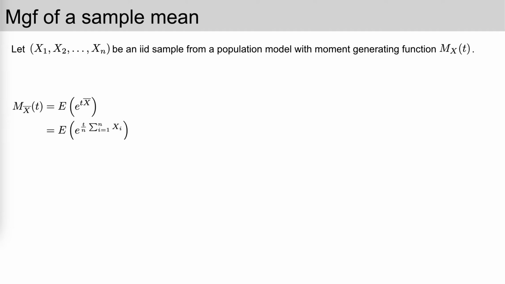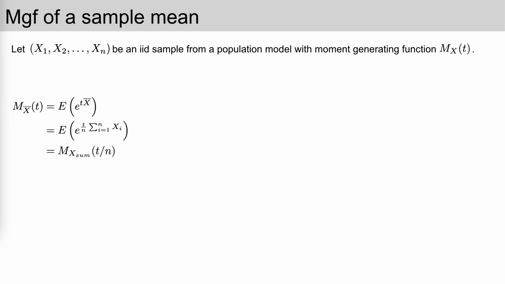Next, notice that by definition, this expected value of e to the something times a variable is the moment generating function of x sum evaluated at that something, or t divided by n in this case.